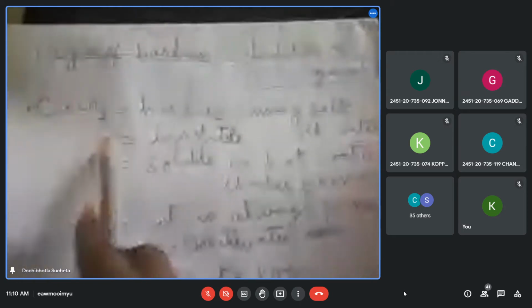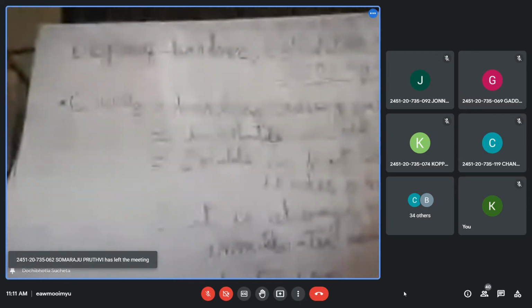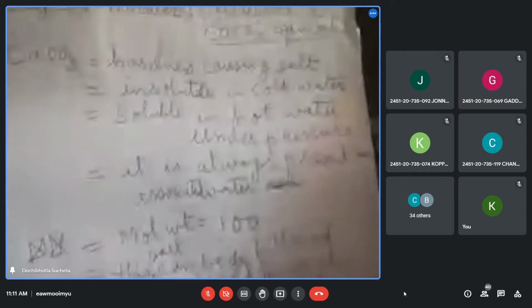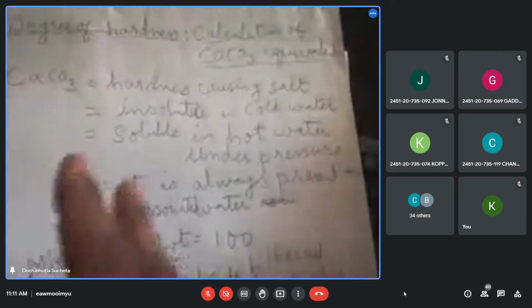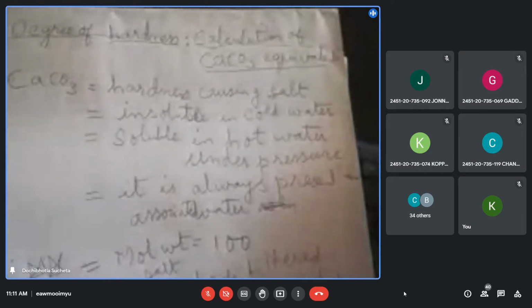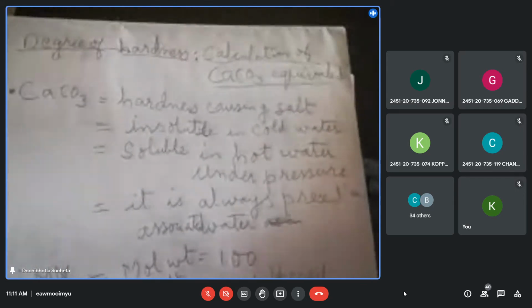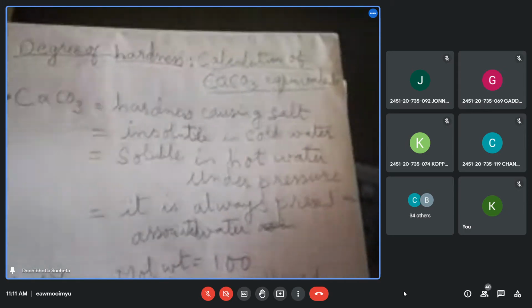This calcium carbonate is a salt which, as I have told you, can be filtered, dried, and weighed. So I took 1 liter of water in a vessel, and started boiling that water to 500 ml, half a liter.